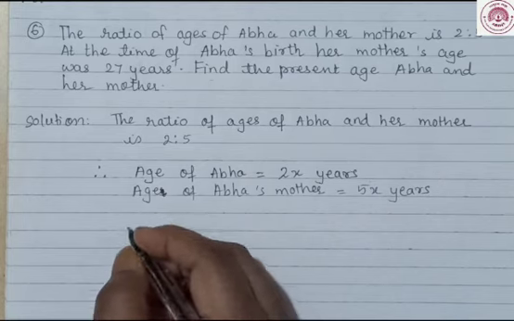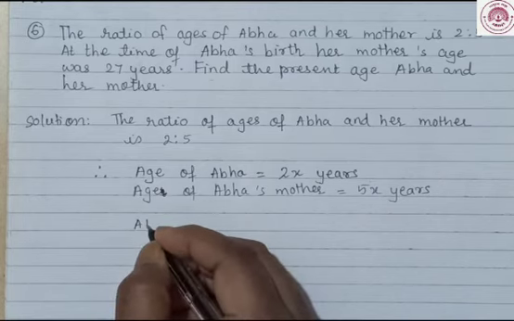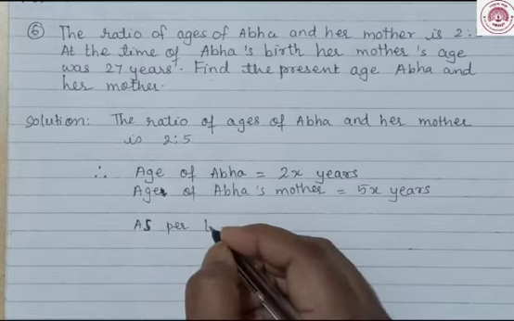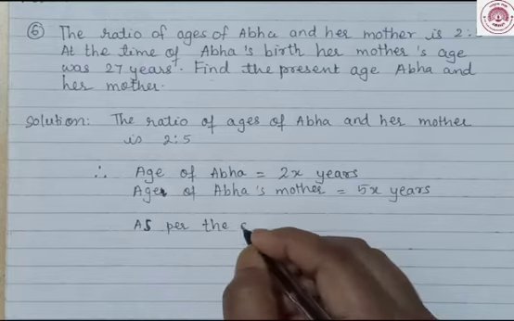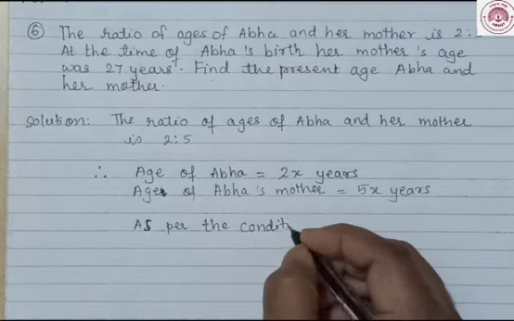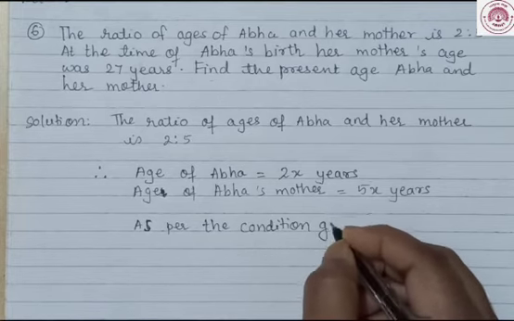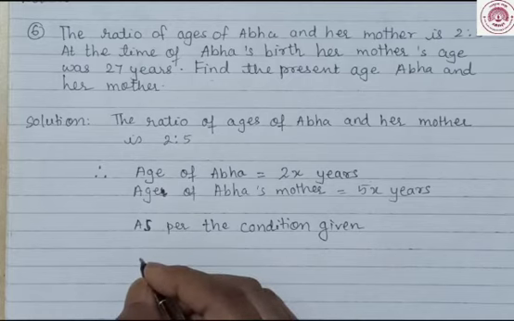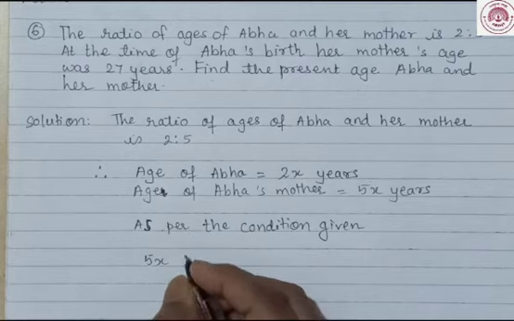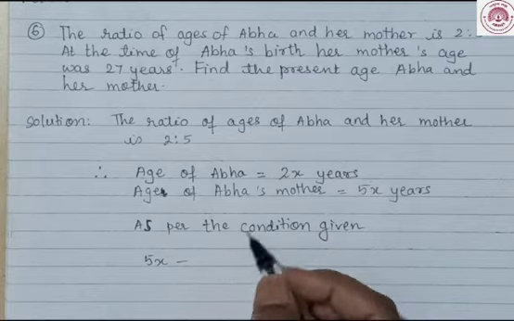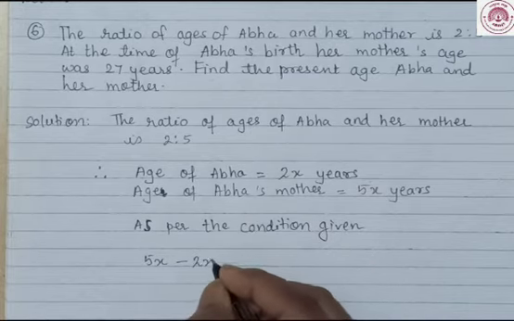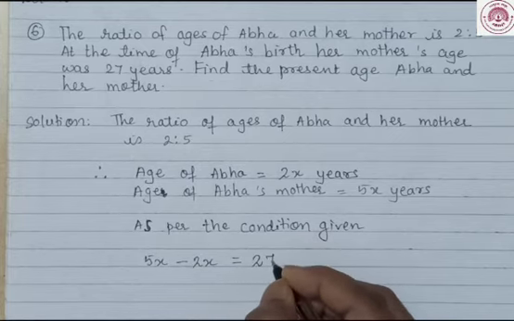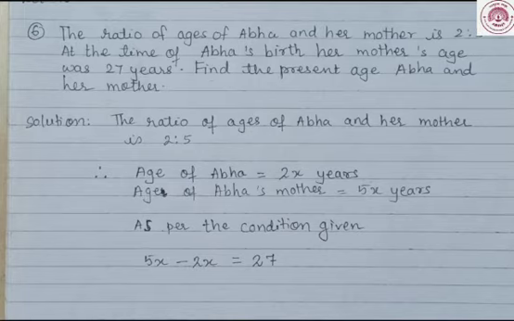So we can write here, as per the condition given, Abha's mother's present age, which is 5x years, and Abha's present age, which is 2x years. So this difference is the age of her mother at the time of Abha's birth.